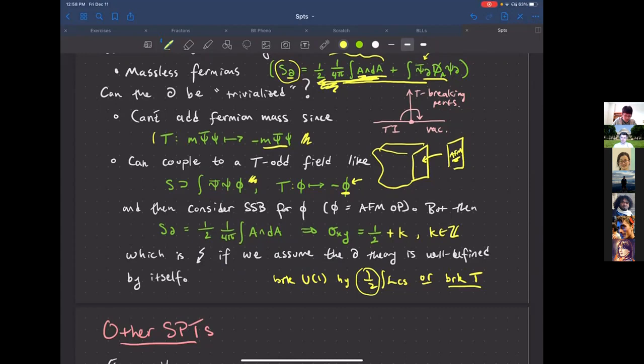What I'm saying before is that if you just have a Dirac fermion in 2+1D, and you don't do any regularization, then you'll get half sigma xy if you just integrate out. Maybe the claim is then that it is not a legitimate system to consider. That regularization would not be the correct regularization to do in 2+1 dimensions, right?